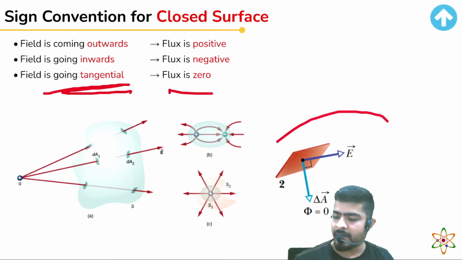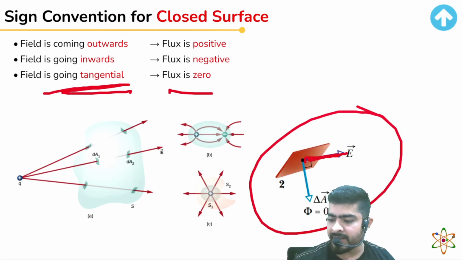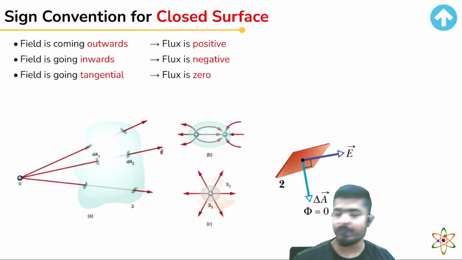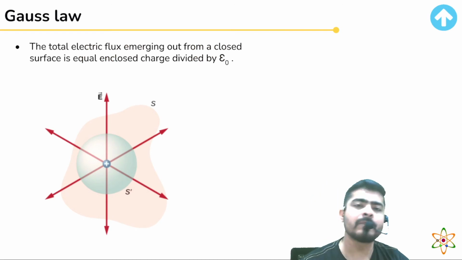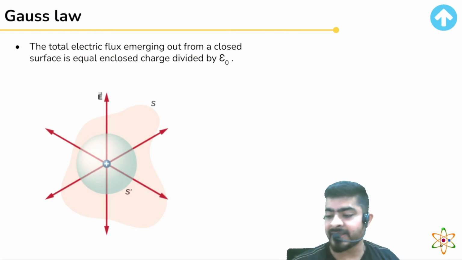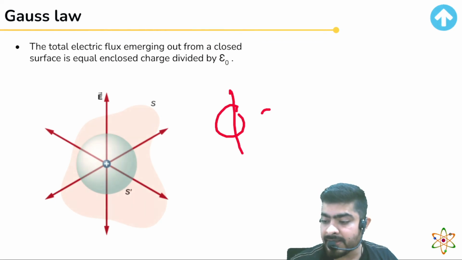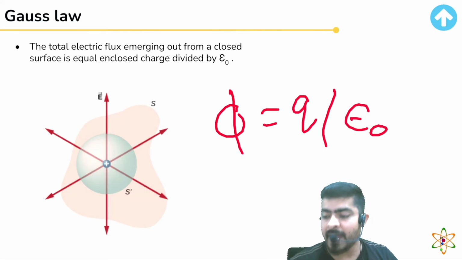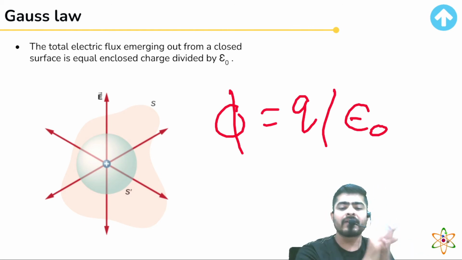For example, in this case, you are getting zero flux because the electric field is parallel to the surface. Then we come to the Gauss law. So what is the Gauss law? Gauss law says that the total electric flux for a closed surface is given by Q divided by epsilon naught, where Q is the total charge inside the Gaussian surface.